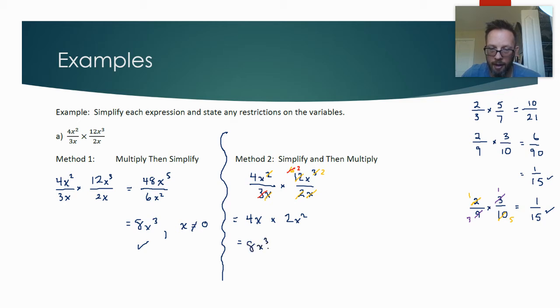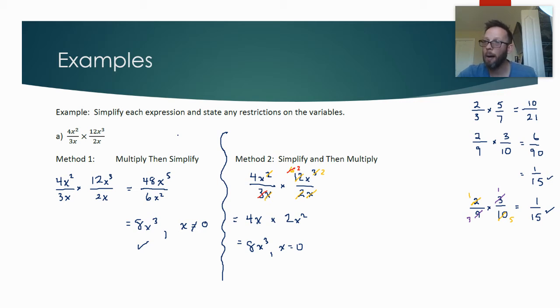Again, x equals 0, the one thing that makes the bottom 0. Now, for me personally, for this example, I think it's easier just to multiply, and then that wasn't too hard to simplify afterwards. But in some situations, the numbers were bigger. I don't know, maybe method 2 is easier. But yeah, in my opinion, I like method 1. I might use method 1 more often than not.